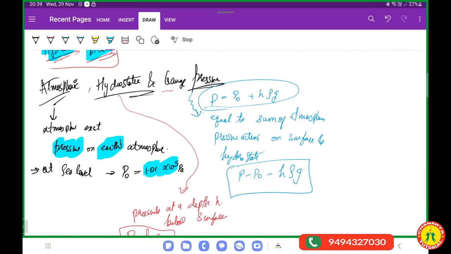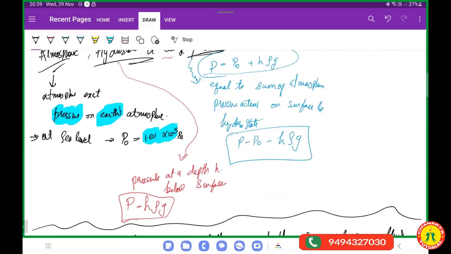The exact value, if you want, is 101,325 pascals, or Newton per meter square. Approximately 1.01 times 10 to the power 5 pascals or Newton per meter square.